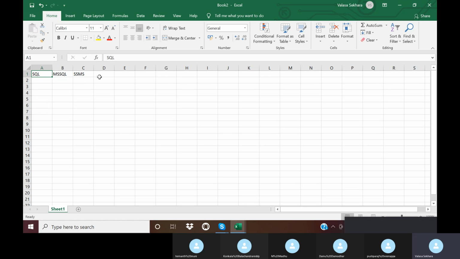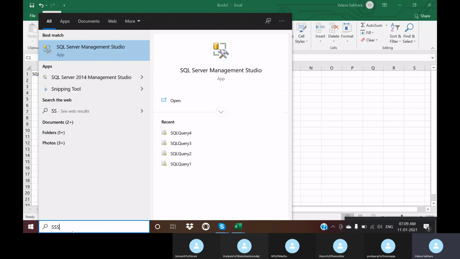Then the database will respond to your request and return some output. For such purpose we use SSMS, SQL Server Management Studio. This is the tool.